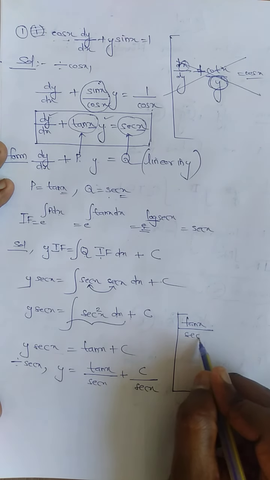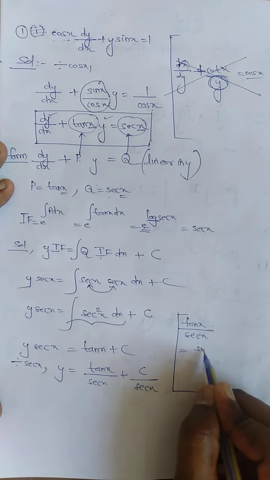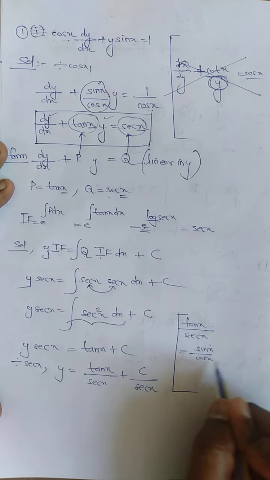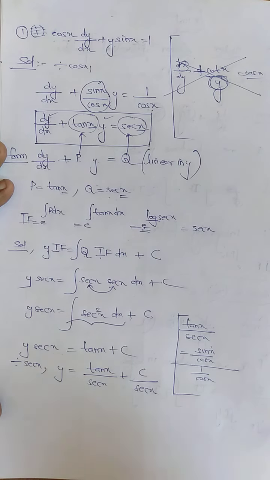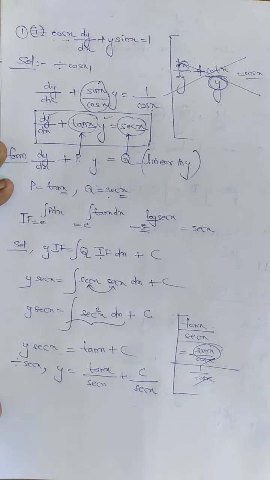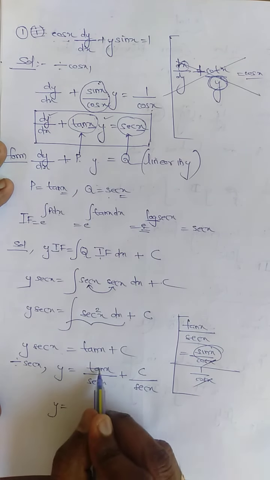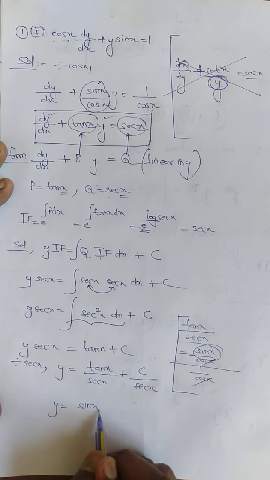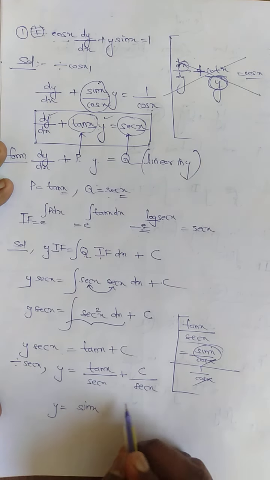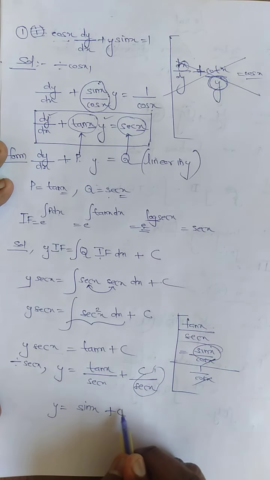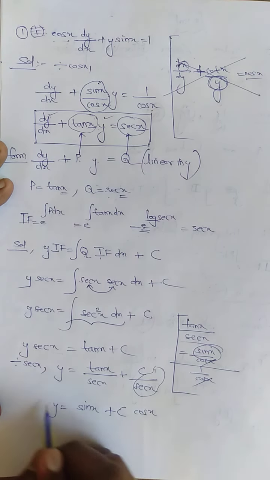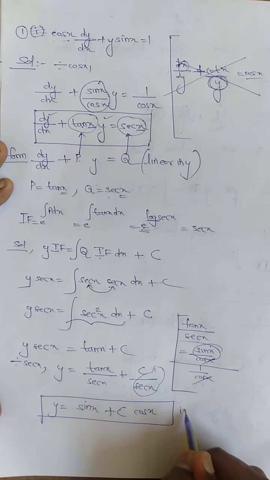Tan x we can write as sin x by cos x, all divided by secant x, which I can write as 1 by cos x. So cos x cancels, the remaining is only sin x. So y is equal to sin x, plus c times 1 by secant x, which is nothing but cos x. So this is the required equation.